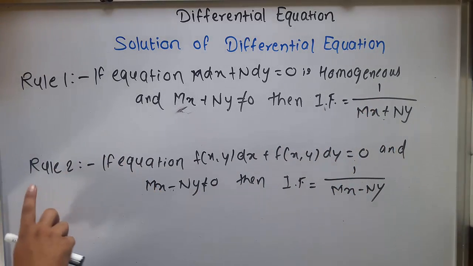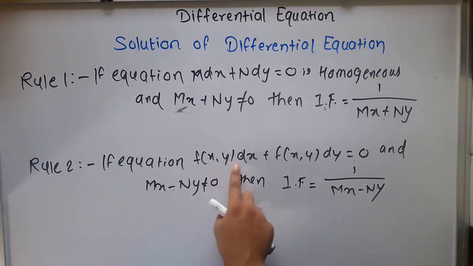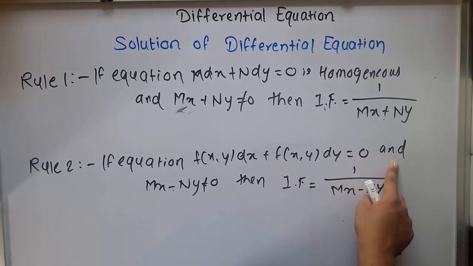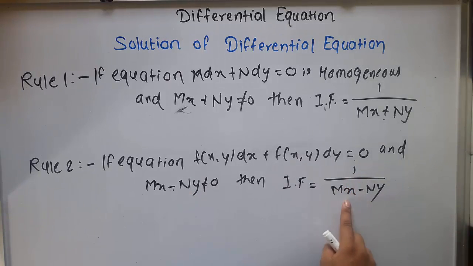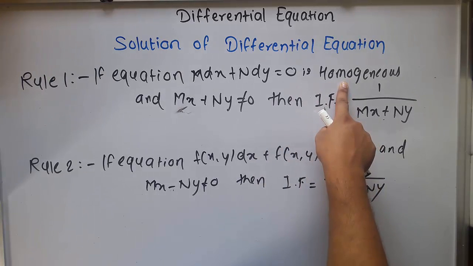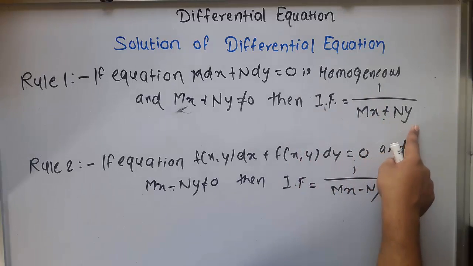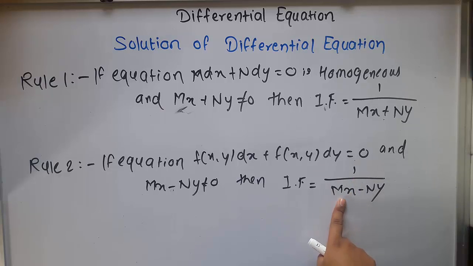Now rule second: if the equation f of x comma y dx plus f of x comma y dy equal to 0 and Mx minus Ny is not equal to 0, then the integrating factor will be 1 upon Mx minus Ny. The difference is, if we get a homogeneous equation, our integrating factor will be 1 upon Mx plus Ny. If our equation is not homogeneous, then we use the second rule.